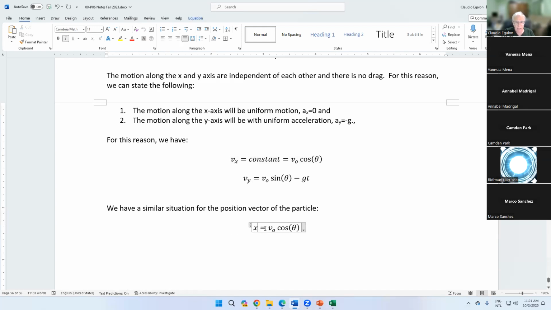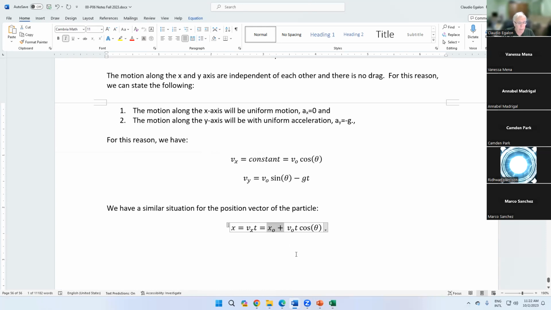It's going to be Vx times t, which, by the way, ends up being V naught cosine theta times t. If I want, you can put the x naught here, but the x naught is 0, just like in uniform motion we got before.